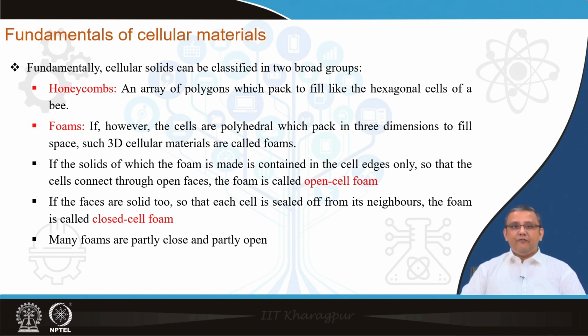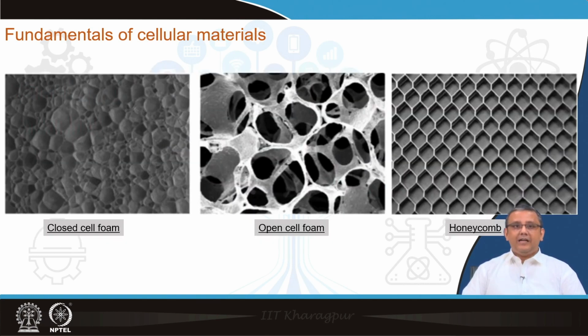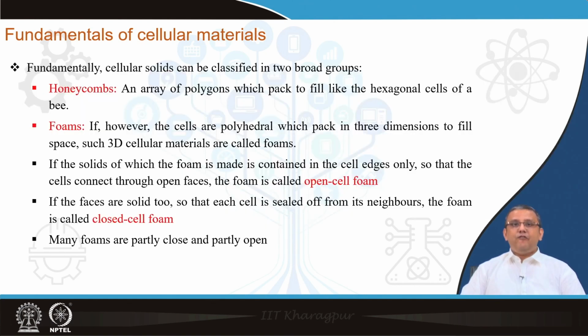In contrast, in foams, like being shown in the extreme left hand image and the middle image, the cells are polyhedral which pack in 3 dimensions to fill the space. Foams can again be classified as open cell foam and closed cell foam. If the solid of which the foam is made is contained only in the cell edges, then it is an open cell foam.